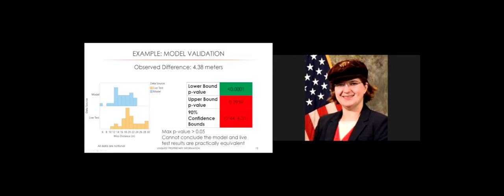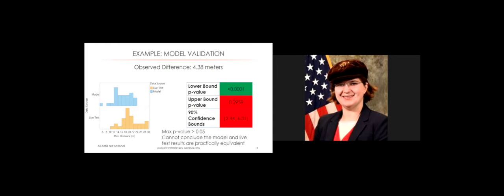If we're using alpha 0.05, we'd reject that null hypothesis. But our upper bound p-value, comparing is the difference greater than or equal to 5, is quite large in this case. It's almost 0.3. So we would fail to reject the null hypothesis in that case. So if we want to show equivalence, that the difference between our live and model data is within 5 meters, right?